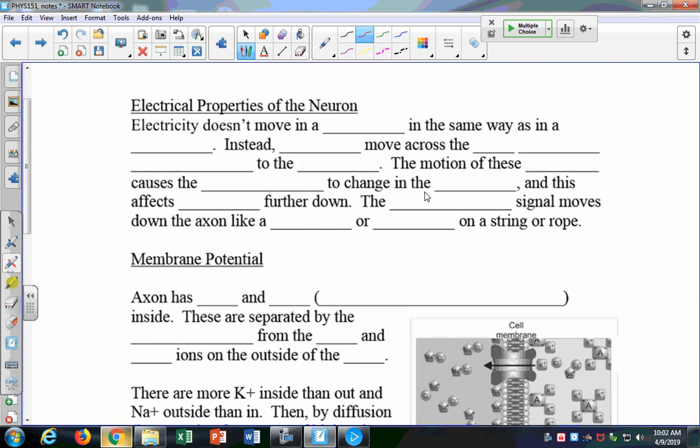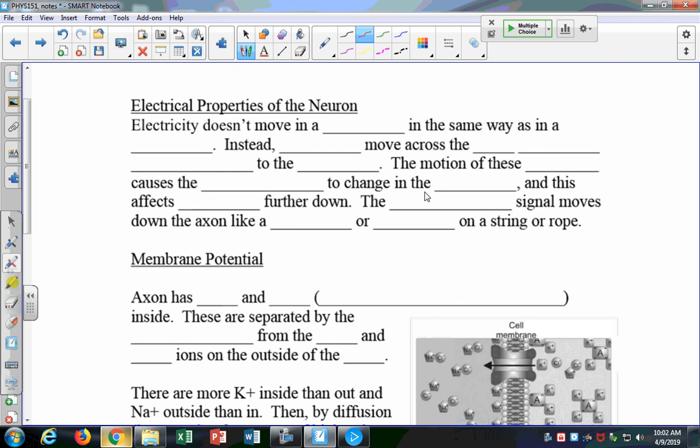All right. This gets kind of dense, but it's kind of cool, and it brings together a lot of different ideas that we've seen with voltages and capacitances and current and electric fields on how the properties of the neuron allow for the transfer of this electrical signal.